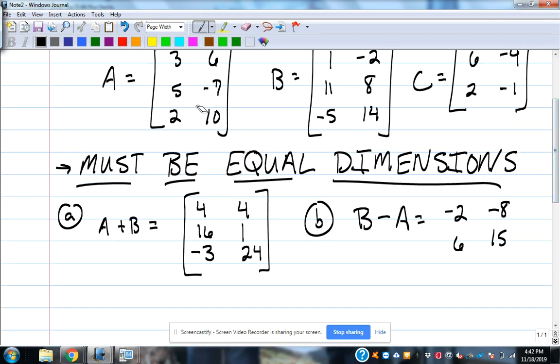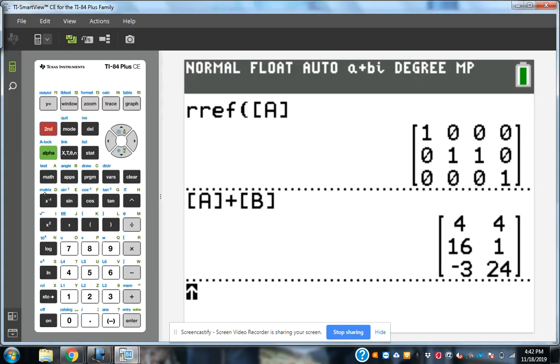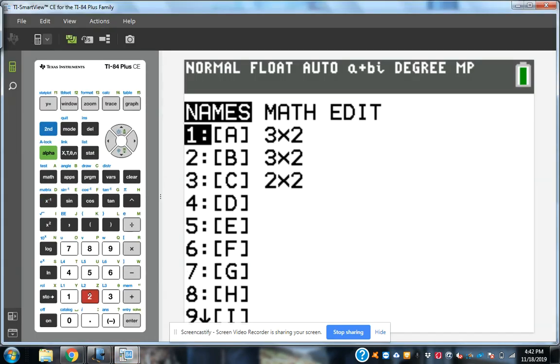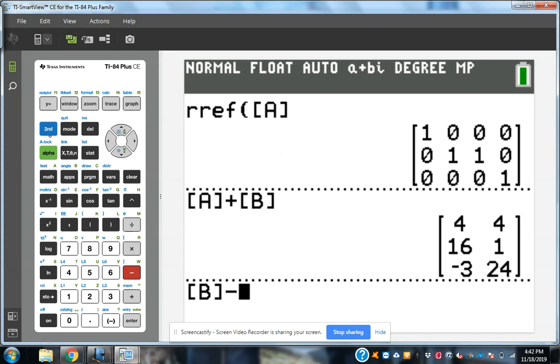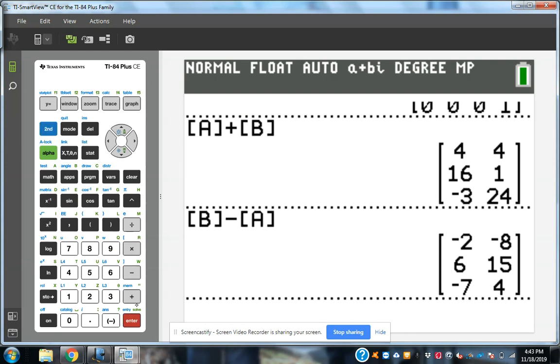Negative 5 minus 2 would be negative 7. And 14 minus 10 would be 4. If I'm not sure myself, go second matrix B minus second matrix A, and I get the same answer.